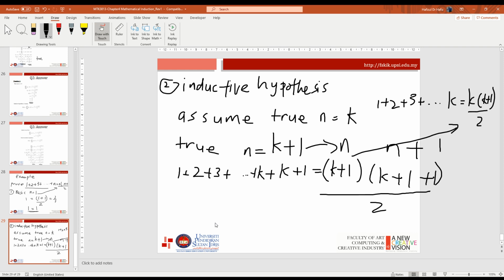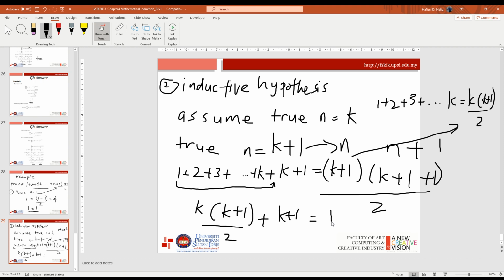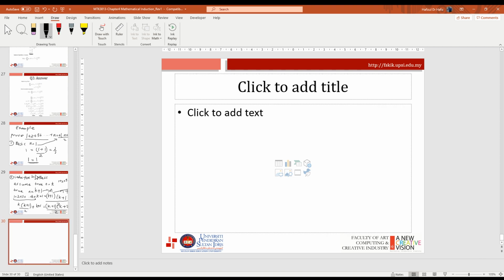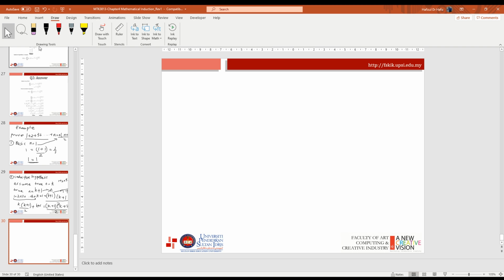So this one: k(k plus 1) divided by 2 plus k plus 1 is equivalent to (k plus 1)(k plus 2) divided by 2. Okay, we continue.